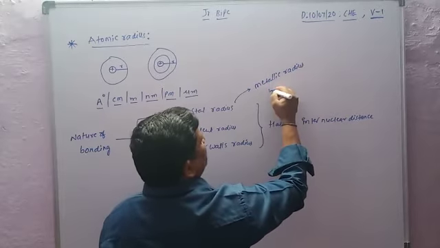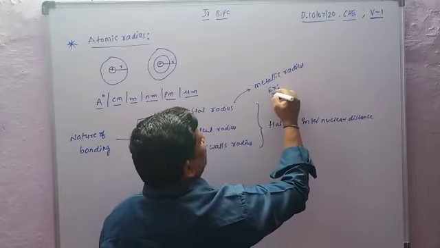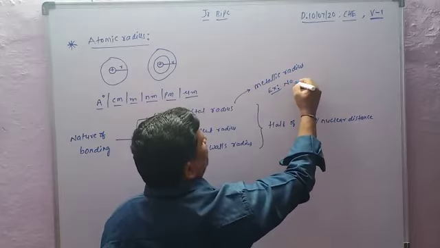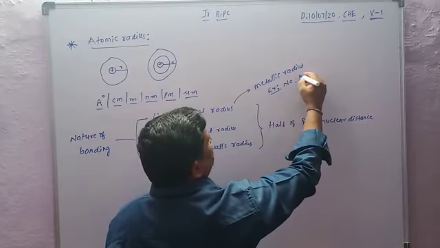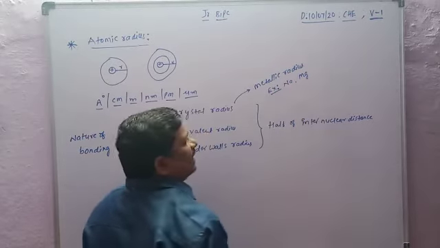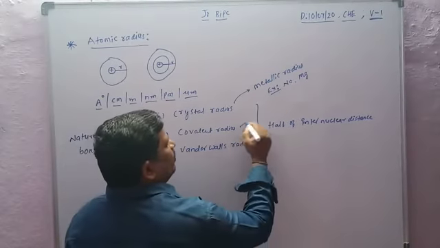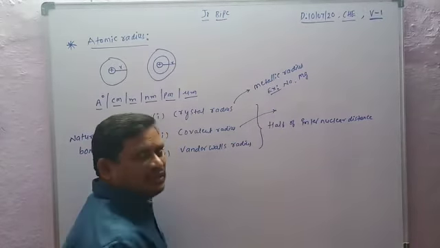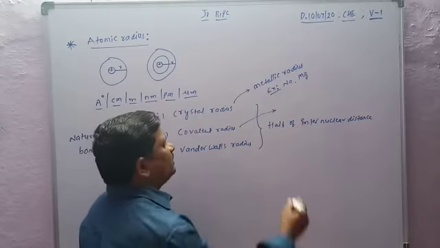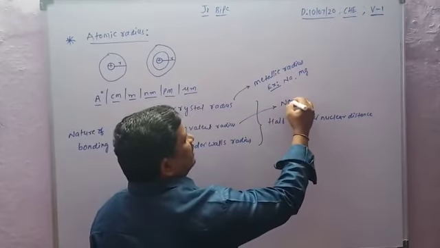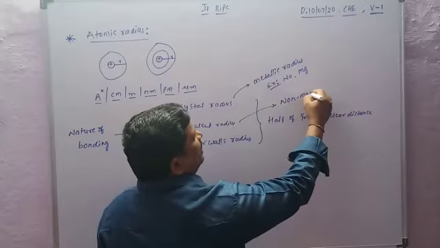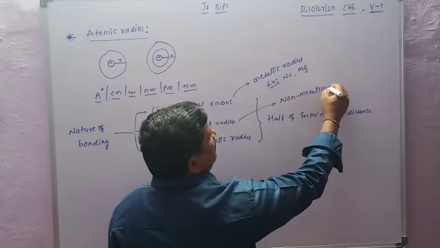For metallic radius, for example, sodium is a metal, and magnesium is also a metal. Then covalent radius is present in non-metals, so it is also known as non-metallic radius.